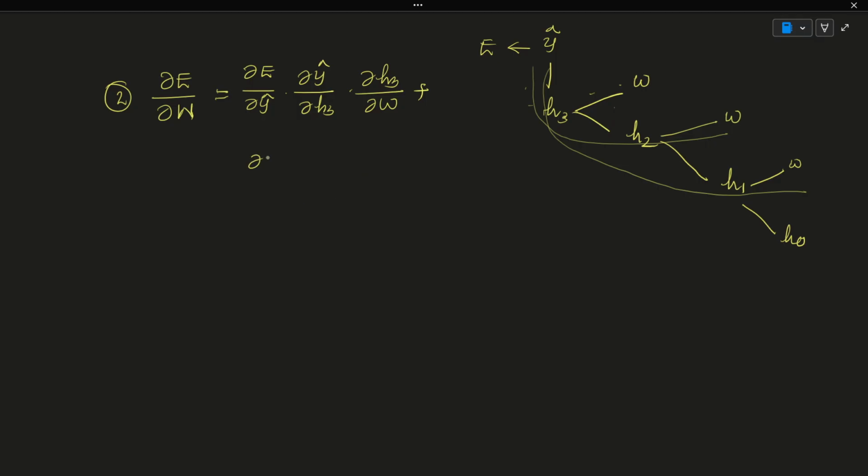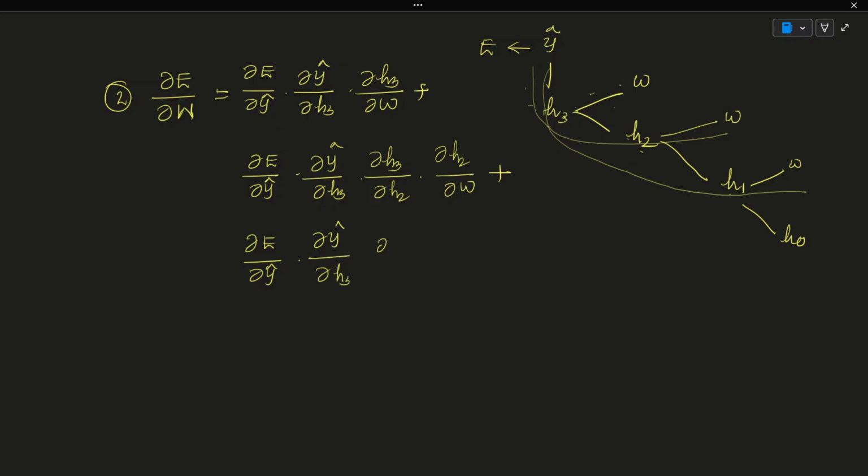Second path: dou E by dou y cap into dou y cap by dou h3, and this h3 depends on h2, so dou h3 by dou h2 into dou h2 by dou W. Similarly, plus the path through h3, h2, h1: dou E by dou y cap, dou y cap by dou h3, dou h3 by dou h2, dou h2 by dou h1, and dou h1 is influenced by dou W. So this is the summation of these three terms.